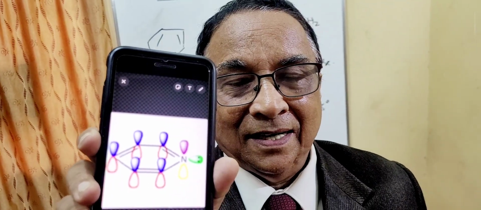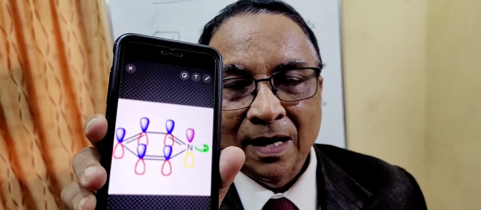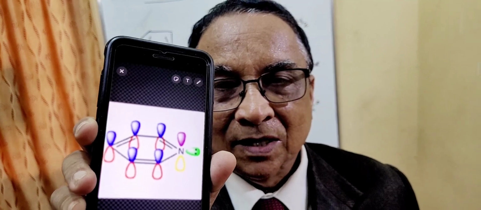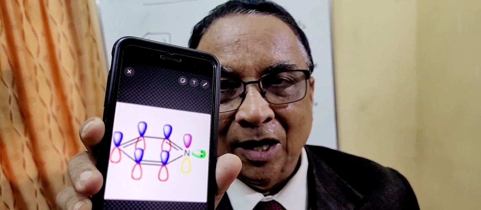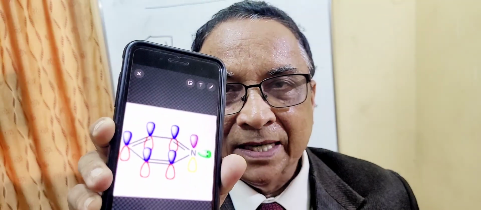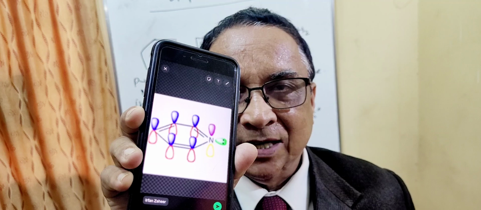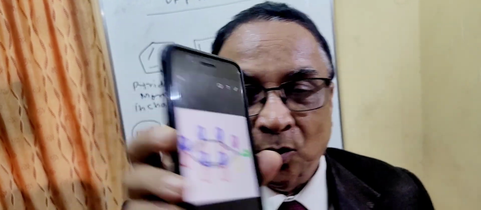This is a very clear orbital picture of the electrons, and here you can see the two electrons present in the p orbital of nitrogen are freely available, not part of resonance or delocalization. That's why pyridine is a stronger base as compared to pyrrole.